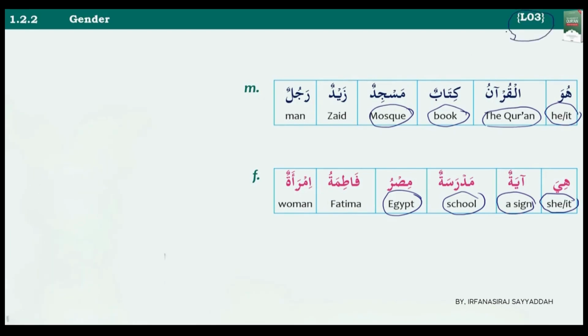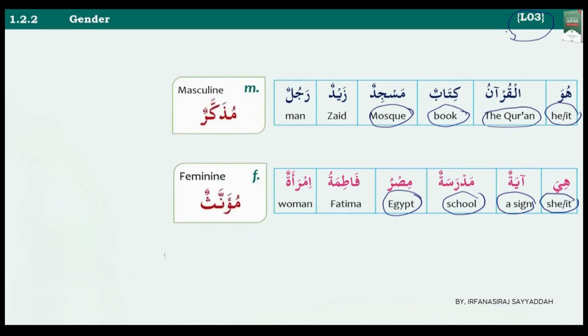And there I'll share with you a map which you can follow to identify the grammatical gender of any word that you're likely to come across in your studies. So this will be covered in lesson number 3. The gender, either masculine or feminine. And please note the terminologies, mudhakkarun and muannathun. Again, as I said, at this stage, you don't necessarily need to memorize. So it will be either masculine or feminine.